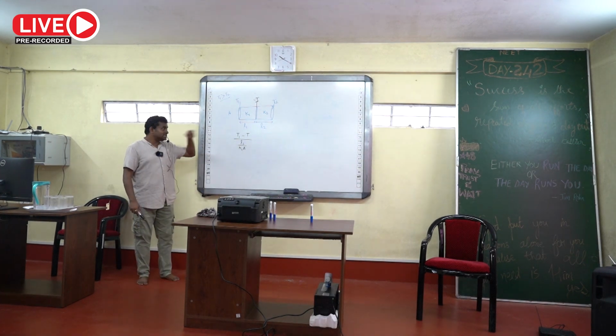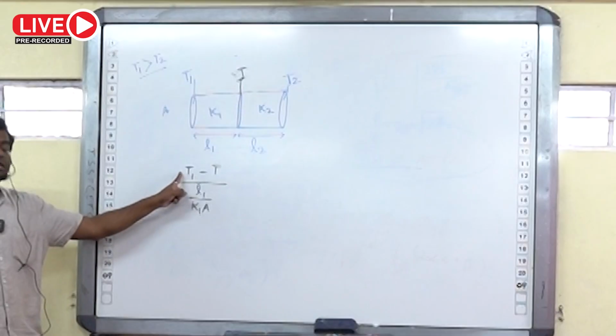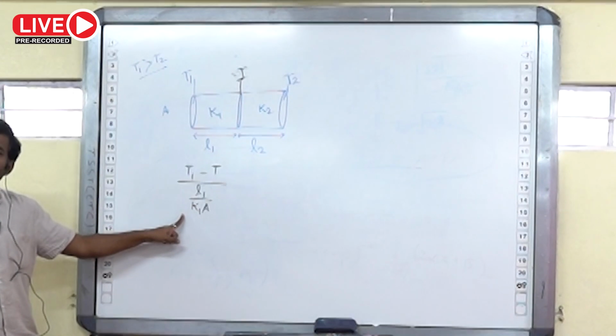Check, difference of temperature divided by thermal resistance, that is the thermal current. Rate of heat flow means thermal current. So thermal current equals thermal temperature difference, like voltage difference, divided by thermal resistance.